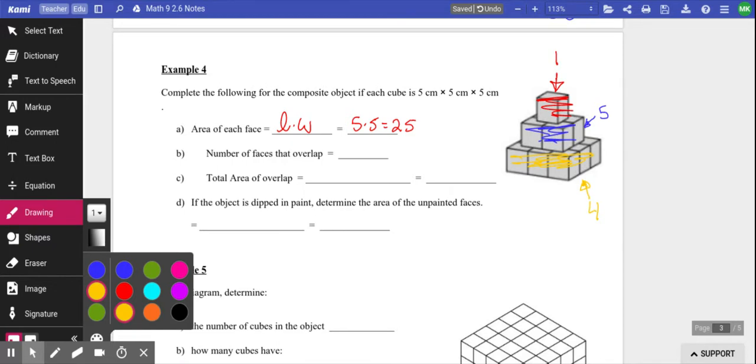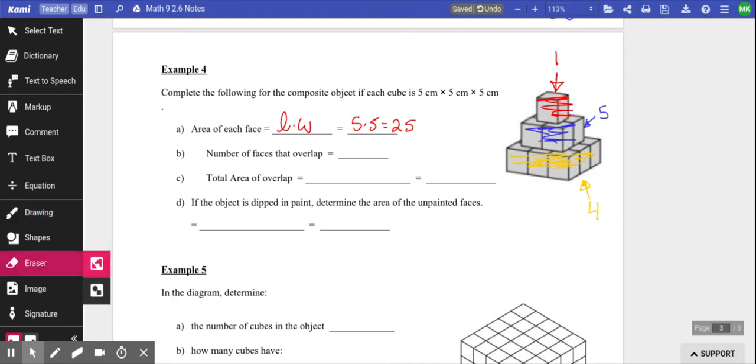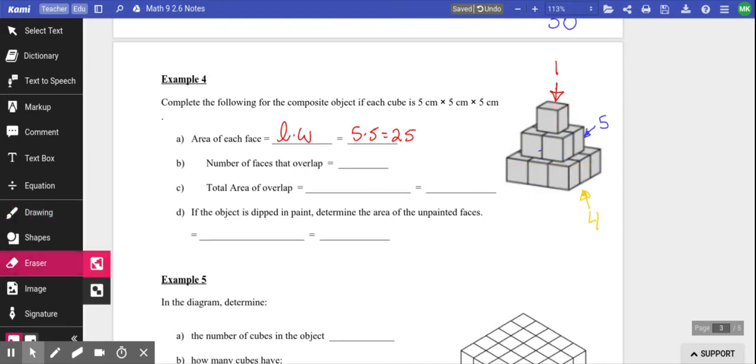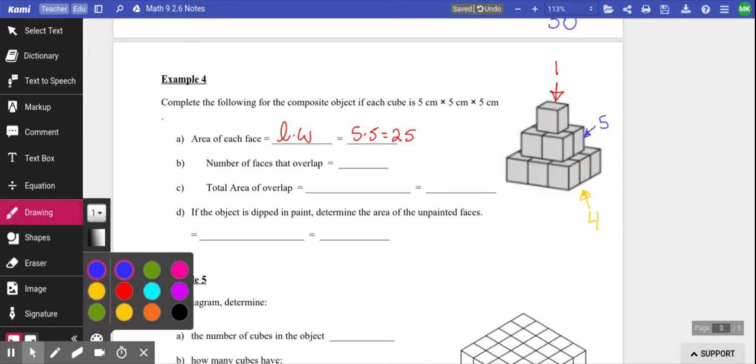So looking at each thing, I'm then going to do how many sides are there together. For instance, if I look here in the blue one, and I look at this corner brick right there, that corner brick would have 2 sides that are overlapping. On the inside, right? I'm talking about just the sides, not the top and the bottom anymore.